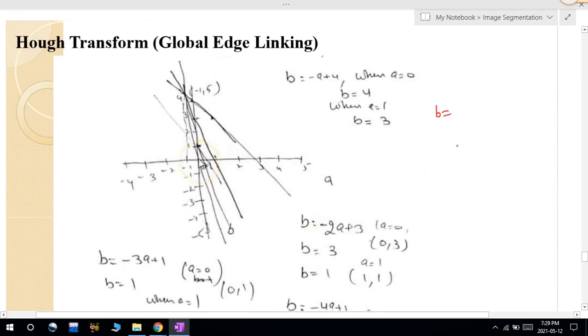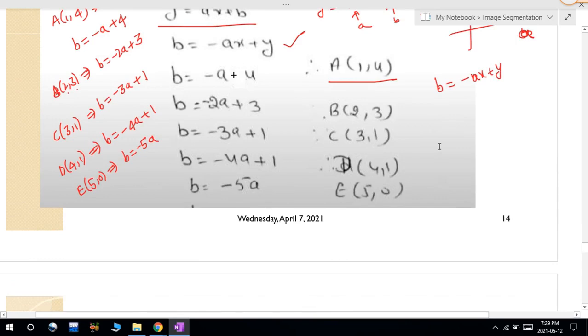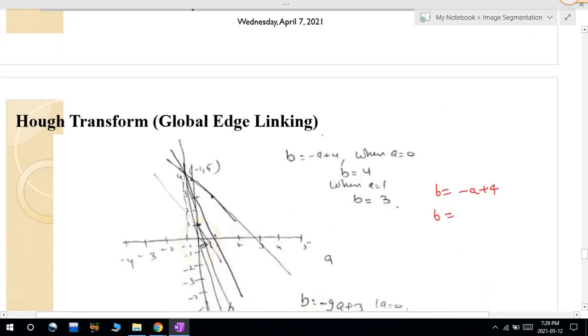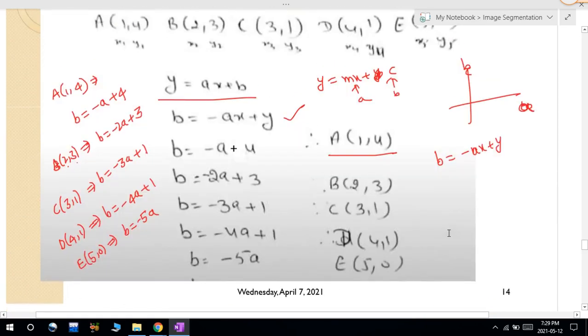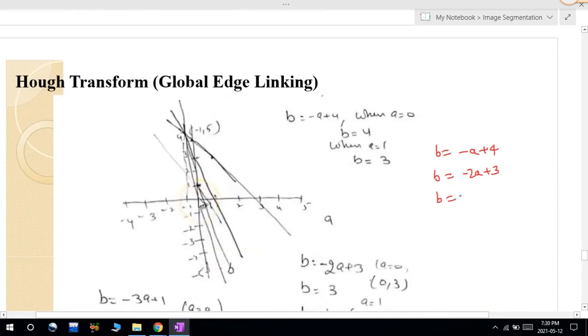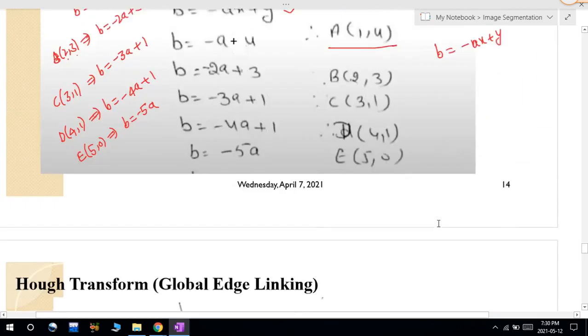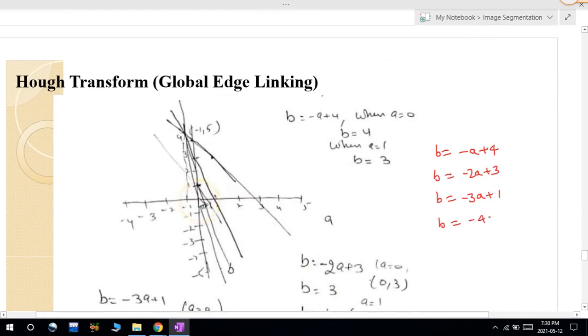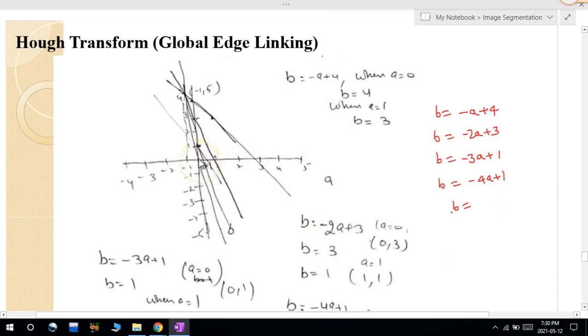After substituting those points, I am getting these equations: for the first point minus a plus 4, the second minus 2a plus 3, for the third point minus 3a plus 1, for the fourth point minus 4a plus 1, and for the fifth point minus 5a. So for each edge point I convert it into the parameter space, and I get these 5 equations.